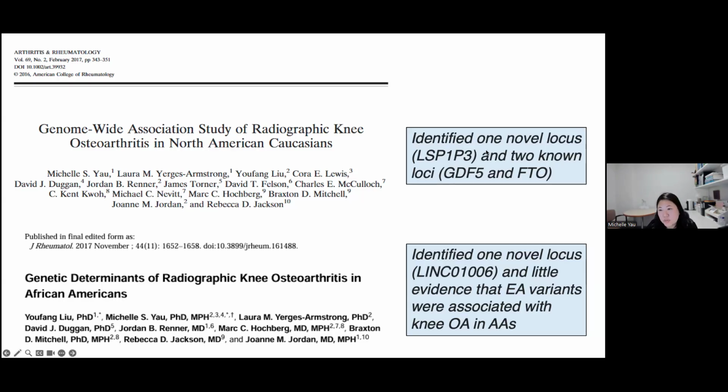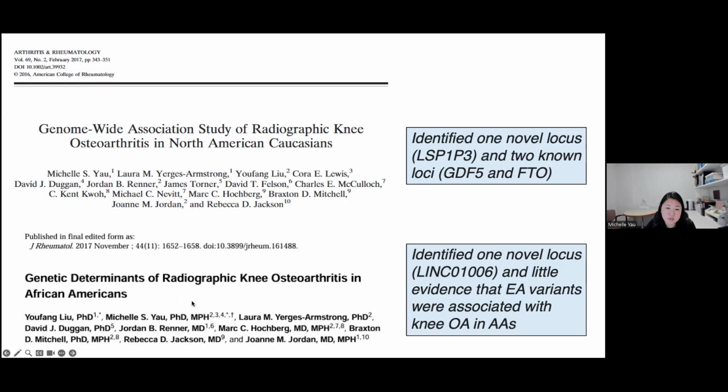Here we identified one novel locus and then two that were already known. These were the GDF5 locus and FTO. At the time we had decided to split it by European ancestry versus African ancestry, so we published two separate GWASs for that.